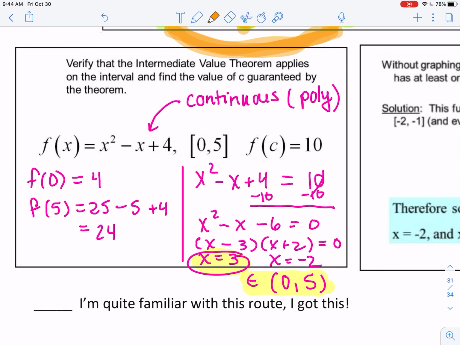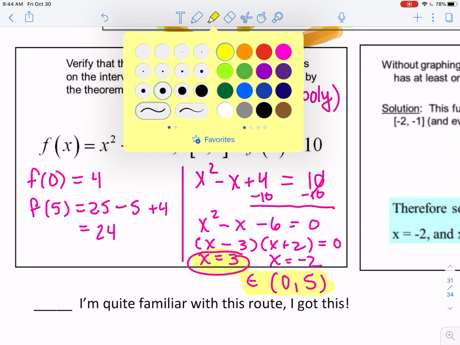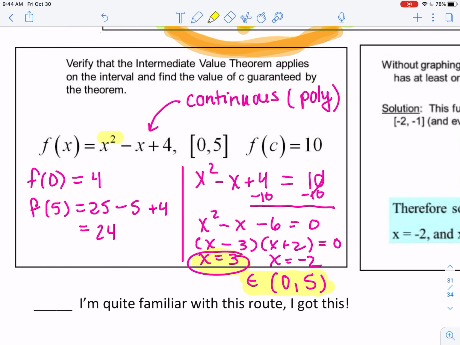So you have to always start by verifying that the thing you're looking at is continuous. This is continuous because it's a polynomial. All polynomials are continuous. So what they're saying is, if you do f of 0, you get 4. If you do f of 5, you get 24. All right? 10 is between those two values.